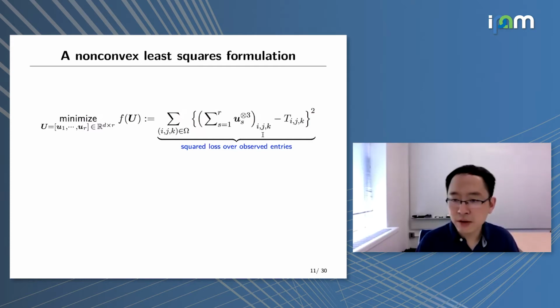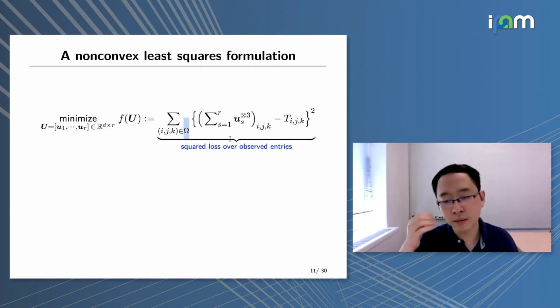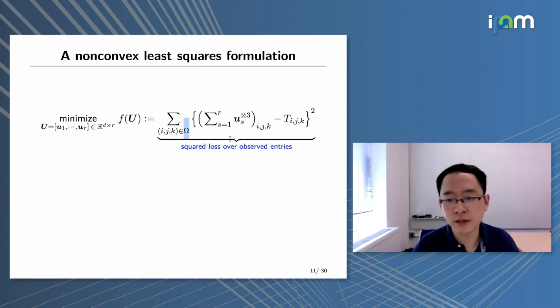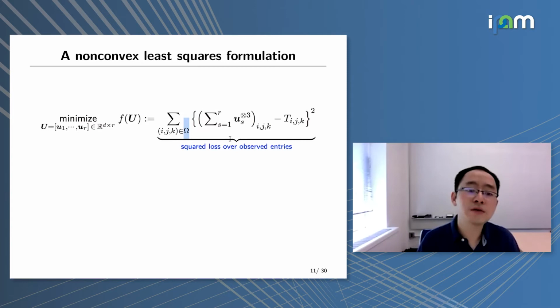I have several data points over this sampling set omega, and for every observed entry, I compute the square loss, and then I try to minimize the square loss, which is a very typical least squares formulation.